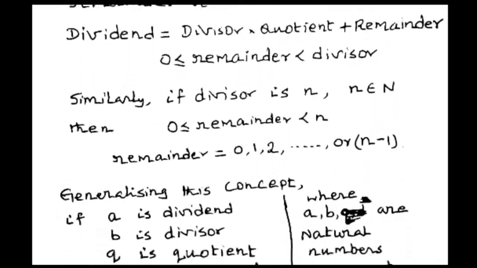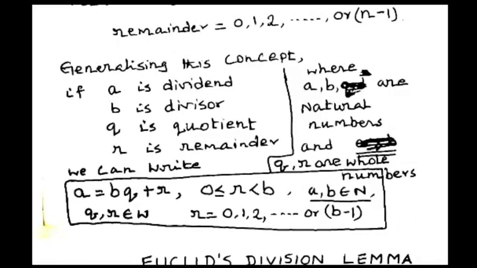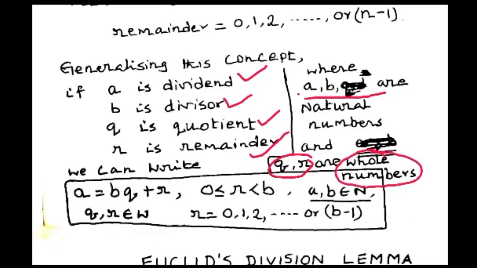Now, generalizing this concept, if a is the dividend, b is the divisor, q is the quotient and r is the remainder, where a and b are natural numbers and q, r are whole numbers, then we can write dividend equal to divisor multiplied by quotient plus remainder.